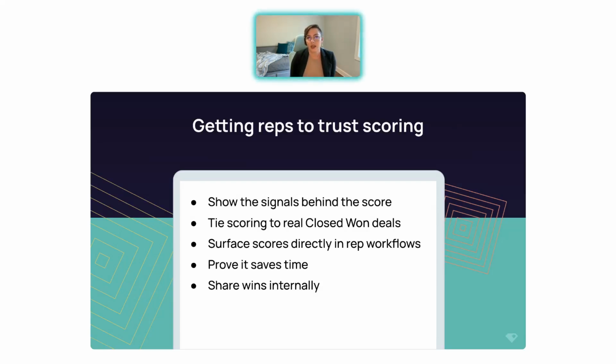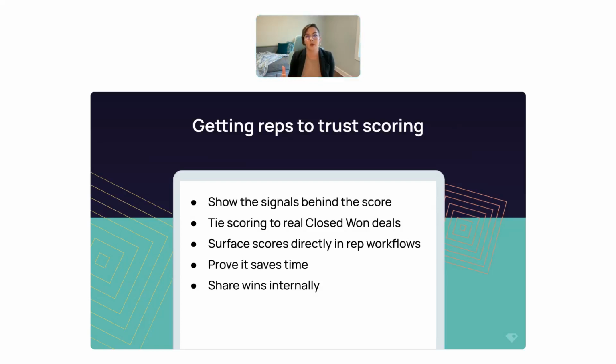Most importantly, and if you've been in my past classes, you've heard me say this before and you'll probably hear me say it again: share wins internally, always sharing those wins and sharing the scores. We do screenshots of all of our wins.